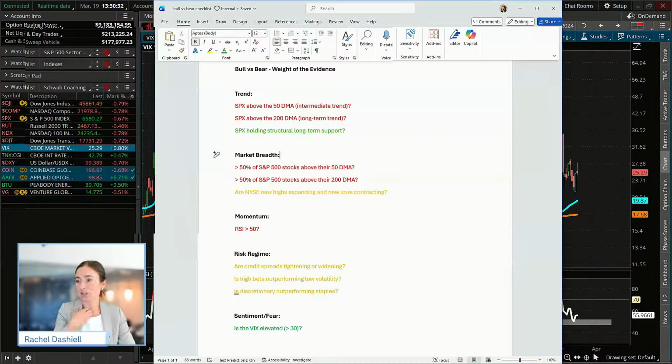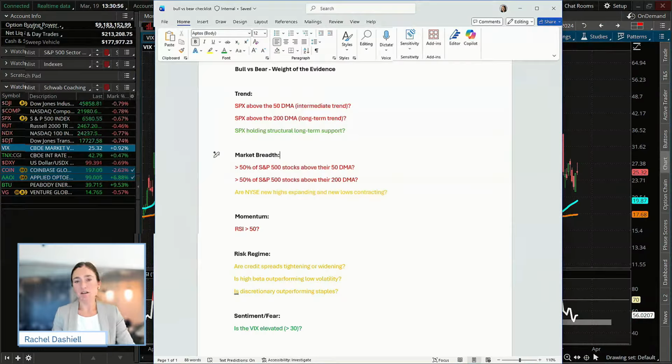RSI below 50. This is more the environment where traders are going to sell those rips into resistance. They're going to focus on those weaker sectors, maybe tighten those risk controls, things like that.